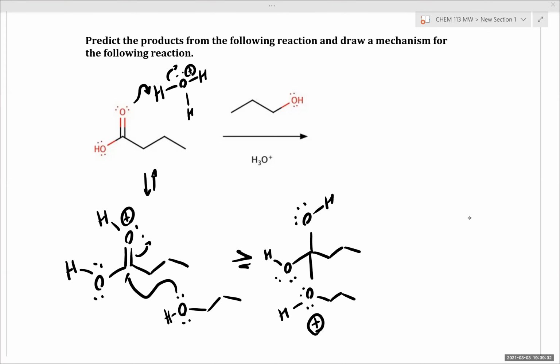Oh, yep, that's a typo. So what's the next step in this sequence? So how do we generate a more reactive activated leaving group? What's our next step?